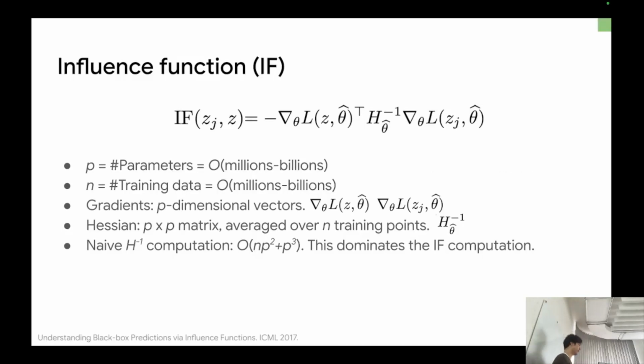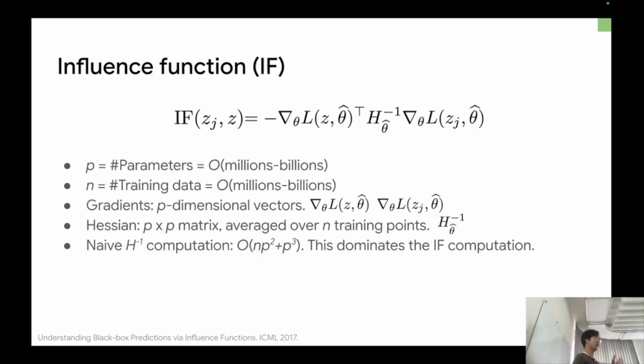But if you take a look at it, it's still very expensive because of the Hessian. The Hessian itself is a second derivative, which is quite expensive to compute. It's a p by p matrix, where p is the number of parameters. For a large language model, p can be in the order of tens of billions or hundreds of billions.